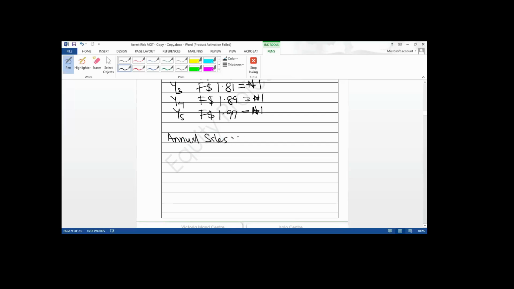Annual sales value: the examiner says the unit selling price is F dollar 5,000. Please multiply. Annual sales value in dollars, 550 million.